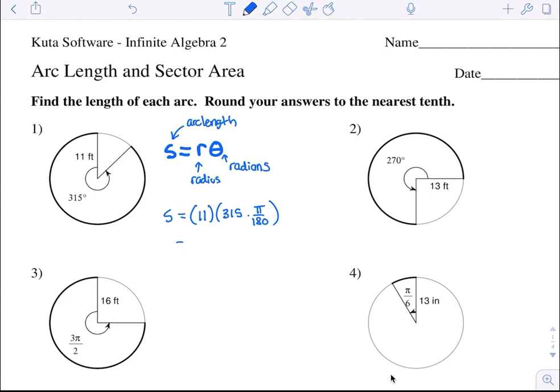If you're curious, when you put this into your calculator, you're going to round it to the nearest tenth. So 11 times 315 times pi, all divided by 180, and you're going to get 60.5 feet. Or there's feet.